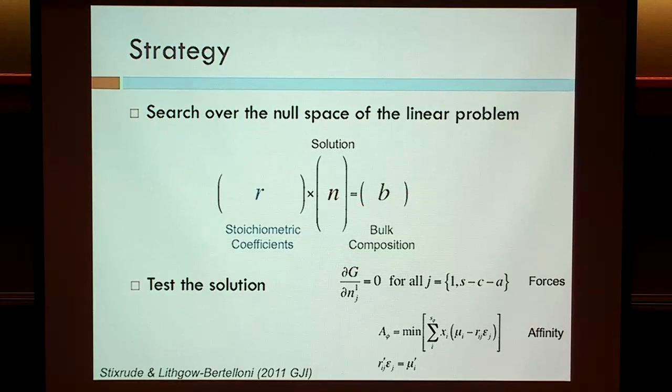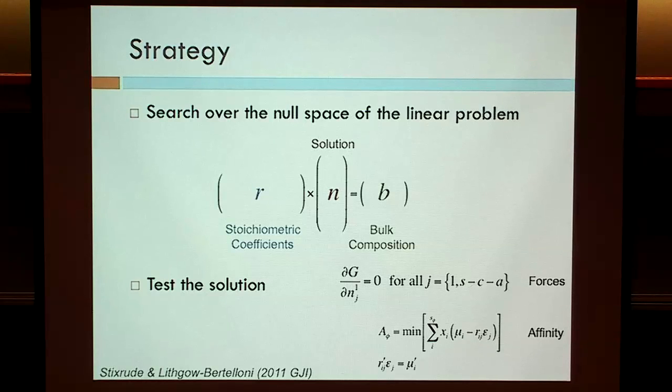And that means that there are many different n vectors that will satisfy this relationship, and so we need more to solve this problem. And what we need is to minimize the Gibbs free energy. We find the solution vector that satisfies this equation, but which also minimizes the Gibbs free energy.